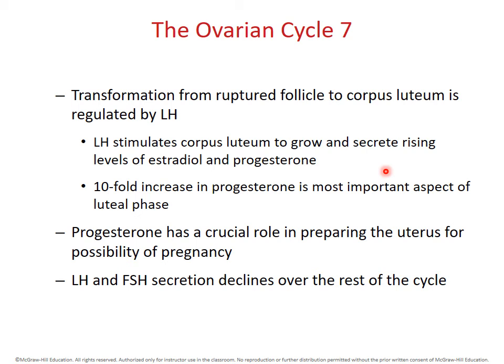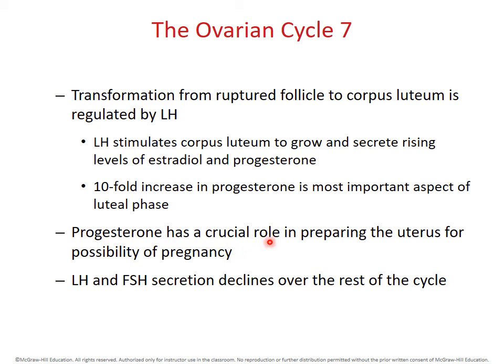The most noticeable hormonal change that results from formation of the corpus luteum is the production of the hormone progesterone. And so we see a dramatic increase in progesterone production during the luteal phase, because it is being secreted by the corpus luteum.